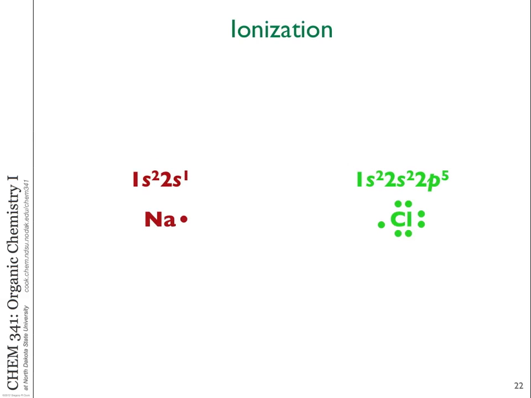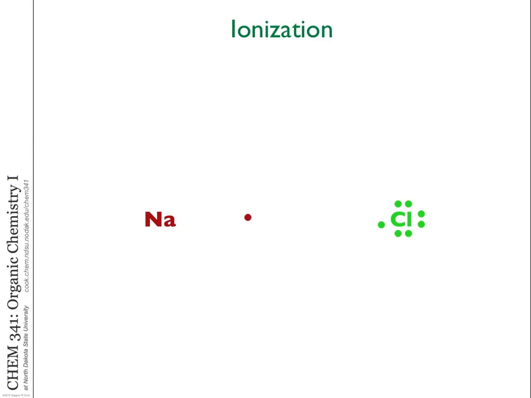The numbers are wrong, but the principle's the same. We're looking at the valence electrons. Sodium has one extra electron in the 3s1, and chlorine has one hole in the 3p orbital.